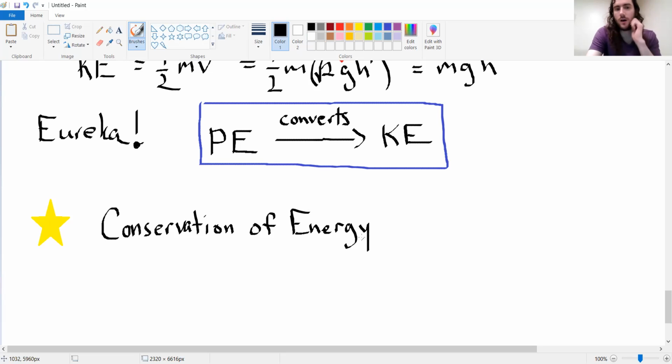Okay, and what do we mean by conservation of energy? Well, we mean that energy cannot be created or destroyed. We can only convert between different types of energies.